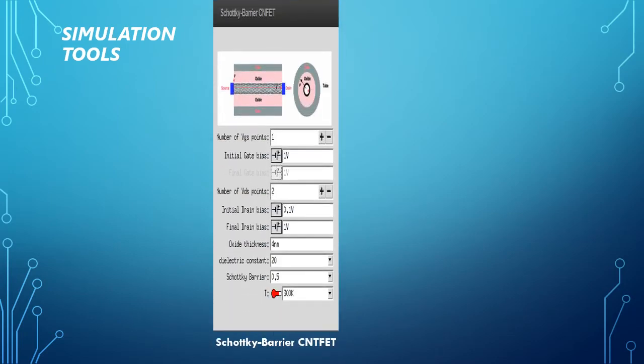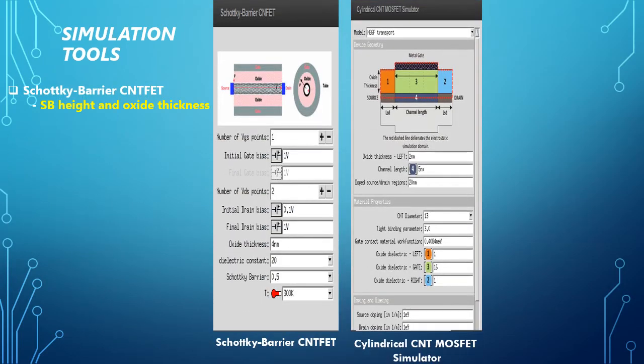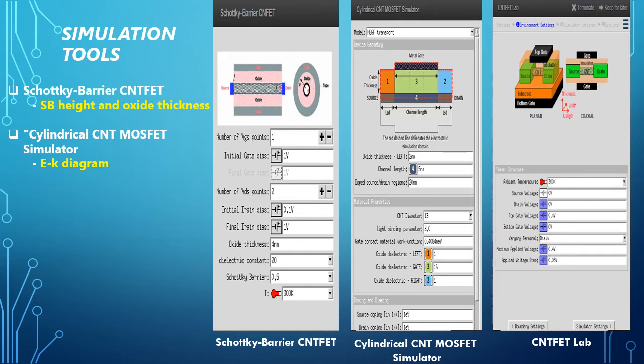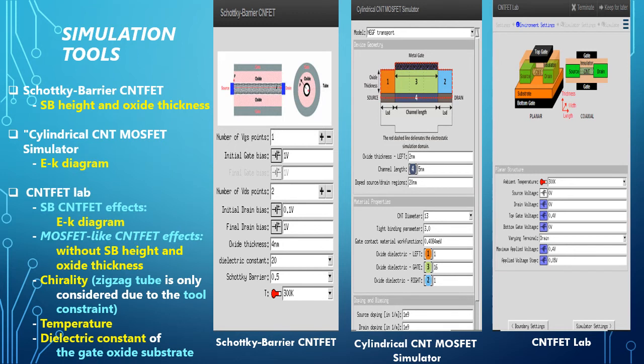Schottky barrier CNT FET simulator, cylindrical CNTFET MOS simulator, and CNTFET lab were used to simulate the CNTFETs by varying the SB height, oxide thickness, the chirality, temperature, and dielectric constant of the gate oxide substrate.